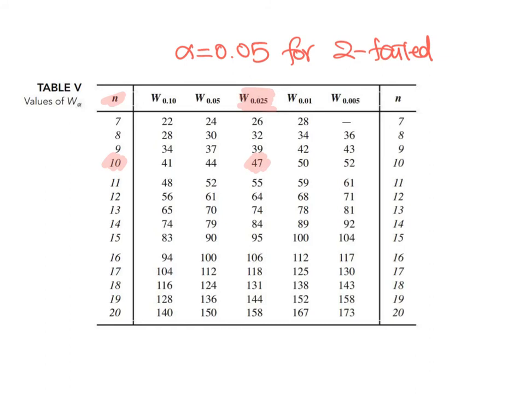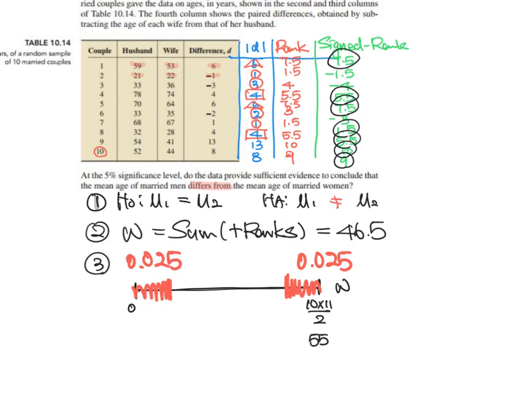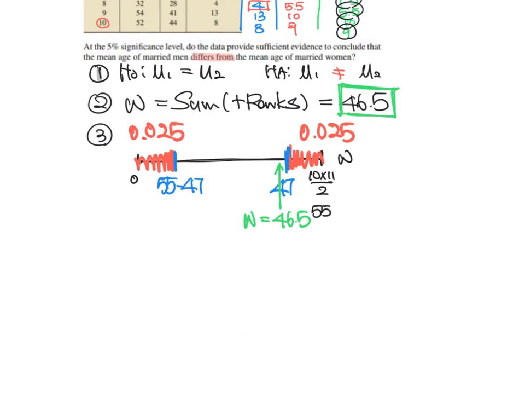The critical value will be 47, so the other critical value must be 55 minus 47. But the test statistic W was 46.5, just before 47. Then what will be the decision? Fail to reject the null hypothesis.